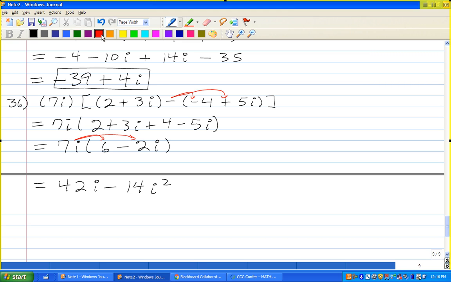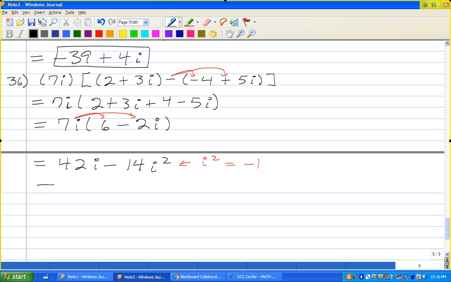And again, I use the fact that i squared is negative 1. So I'll replace i squared by negative 1. Negative times negative is positive. So this negative 14i squared becomes a positive 14. And the 42i remains the same. Now, we usually like to write these in standard order. So I write the real part first. So it's 14 plus 42i. And that's your answer.